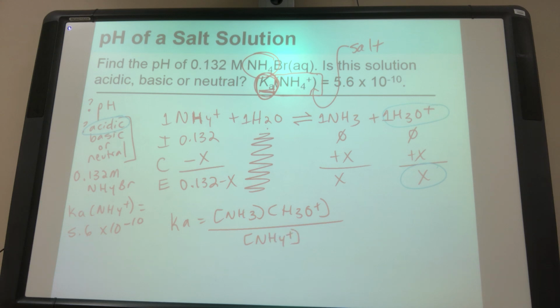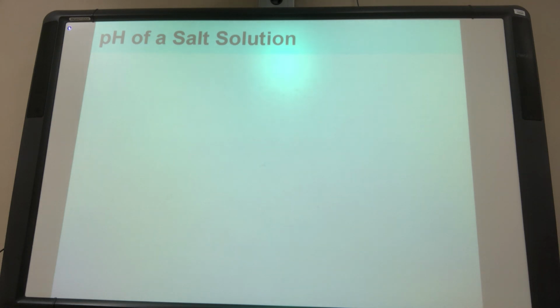Remember, water's a liquid, we don't include it. I know the Ka, that's 5.6 times 10 to the negative 10. This is X times X over 0.132 minus X. Okay? So let's rewrite that. So 5.6 times 10 to the negative 10 is equal to X squared divided by 0.132 minus X.